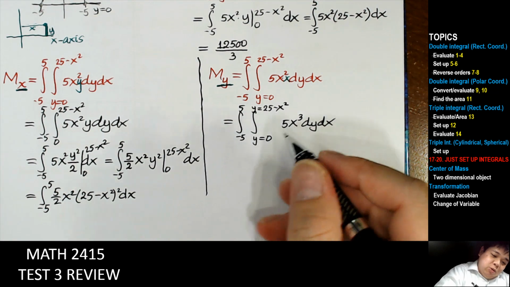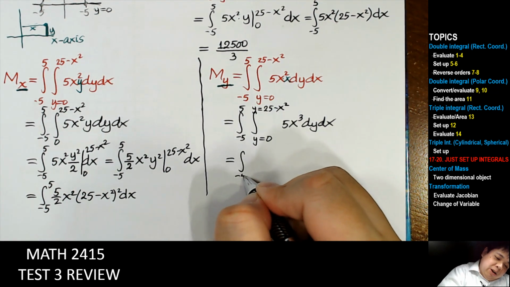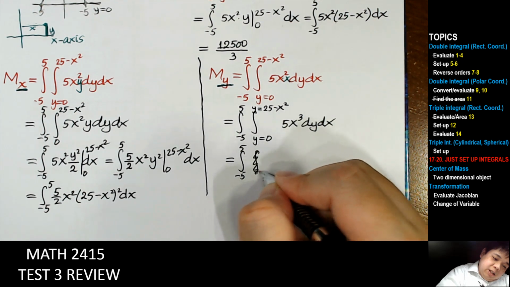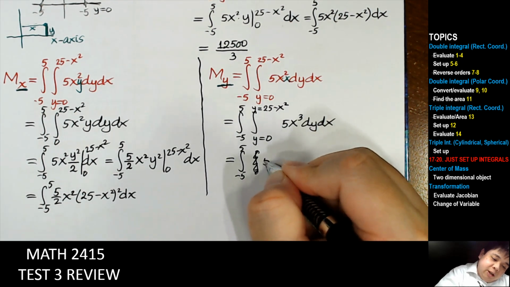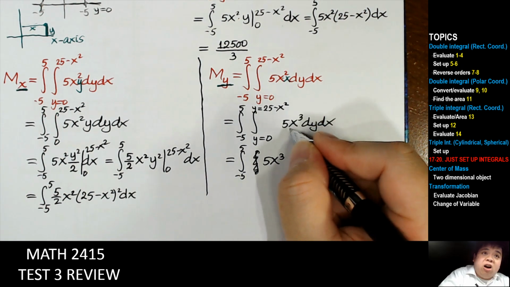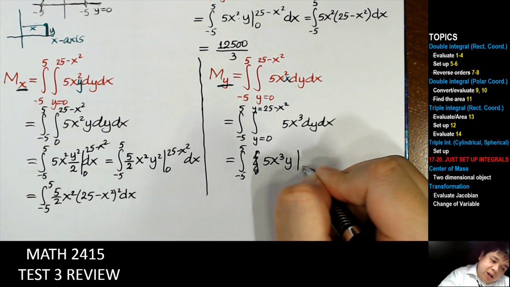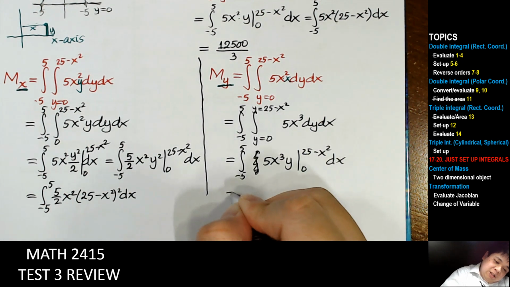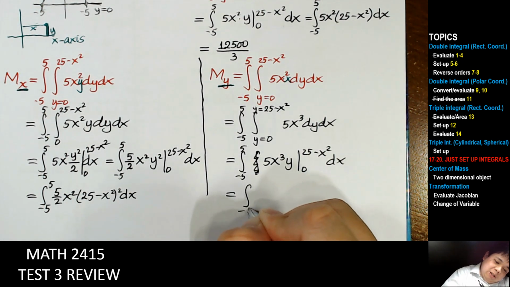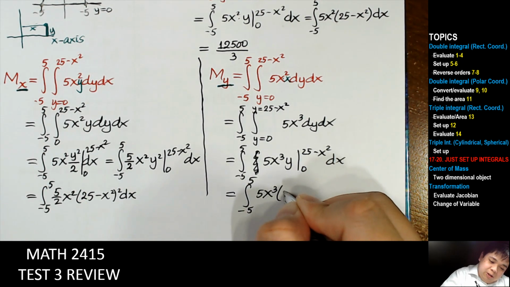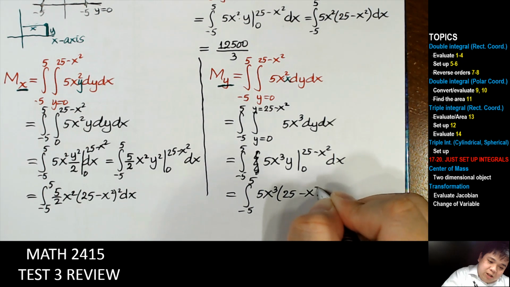Right, so first we have the y here, so negative 5 to 5. Integrate with respect to y. There's a constant, so that's just y. Go from 0 to 25 minus x squared dx. So 5x cubed, 25 minus x squared.